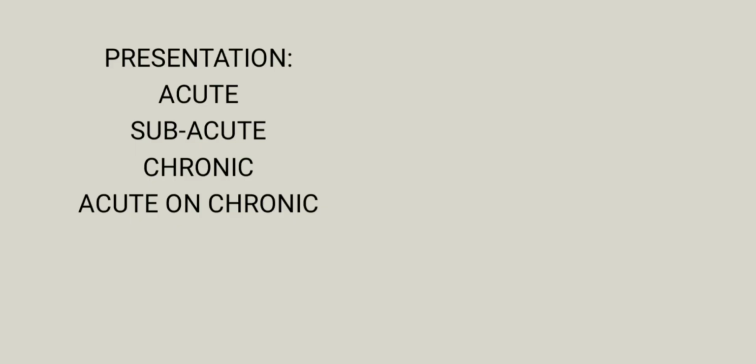So, by virtue of presentation, how does appendicitis present? Well, it could present in acute or chronic forms and other forms in between. So, when we talk of the acute presentation, we're talking about a rapid onset or rapid progression of symptoms, usually within 6 to 48 hours.